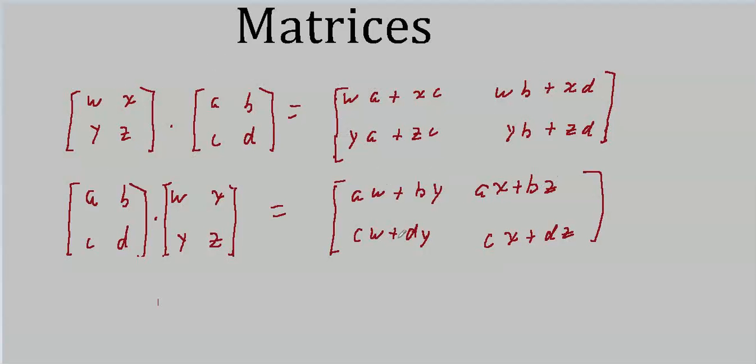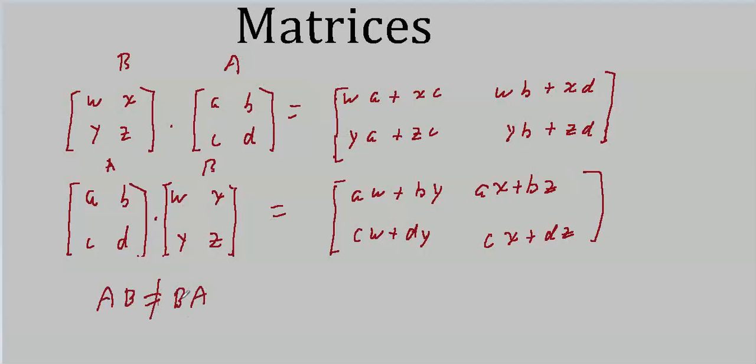And you can go right down the line and look at these and realize that as you change the order of the matrices, going from B times A to A times B, if we call this matrix A and this B, and then this is A and this is B, well, we have something that we probably haven't seen before. And that is A times B does not equal B times A.